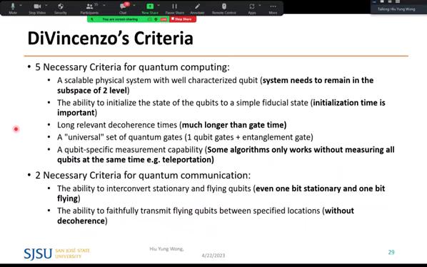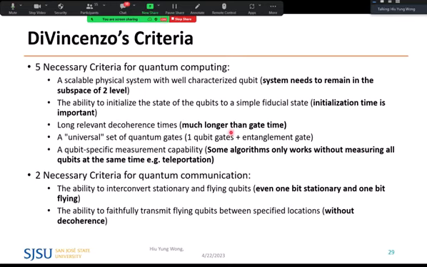If your system is going to take 1 minute to initialize a qubit, it's not going to work, because there are many algorithms you want to initialize very frequently and many times. And also, like last time we said, we need to run many times to get the answer. So you need to initialize many times, and then you will have a problem, right?